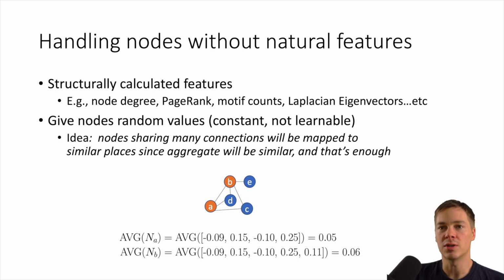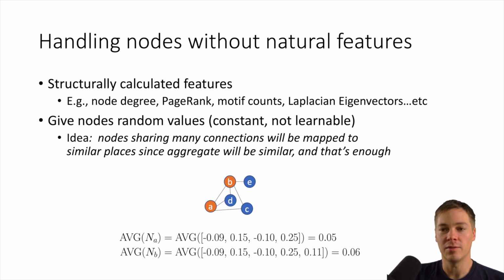Another thing you can do is just give constant random values to all of the nodes. This seems strange, but it actually works pretty well in practice. The idea behind this is that nodes that share a lot of the same connections are going to be mapped to similar places when you apply the message passing operation.